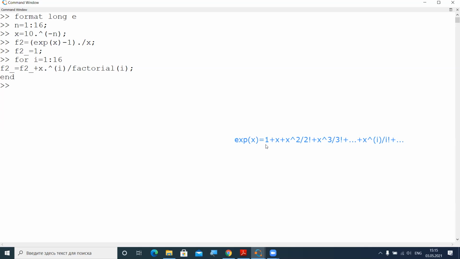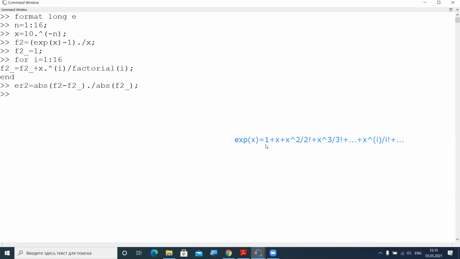And let's continue and find the relative error. We have already one relative error, so here now we have the second one, error 2, f2 minus the new function f2, and the absolute value of the new function f2.